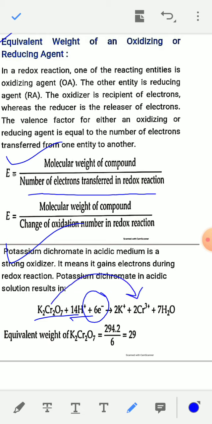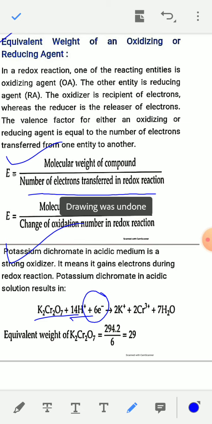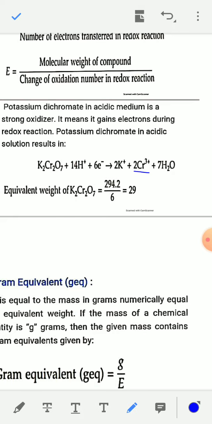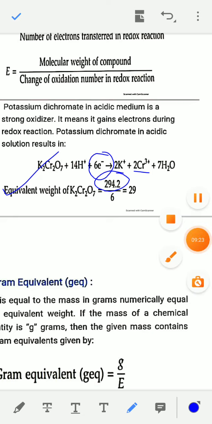So the equivalent weight of potassium dichromate is its molecular weight, 294.2, divided by 6, because it gains 6 electrons. That is about 49.